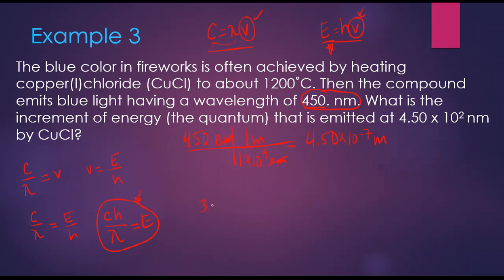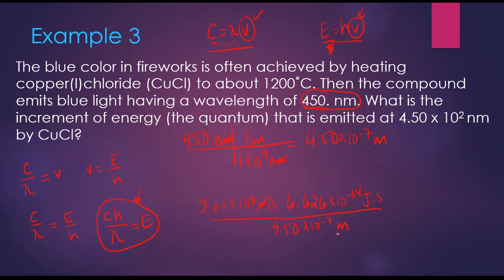So we get speed of light, 3 times 10 to the 8th meters per second, times Planck's constant, which is 6.626 times 10 to the minus 34 joules times seconds, over the wavelength, 4.5 times 10 to the minus 7 meters.